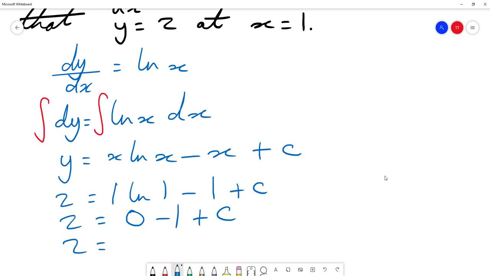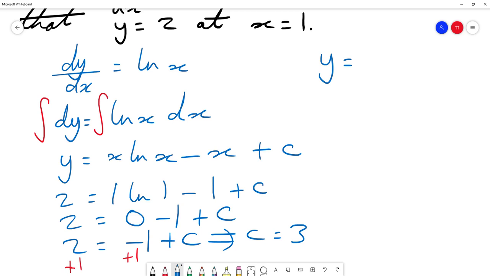So we end up with 2 plus 1 equals c, which implies that c equals 3, by adding 1 on both sides. So now we could write our final equation as y equals x ln x minus x plus the value of c, which is 3.